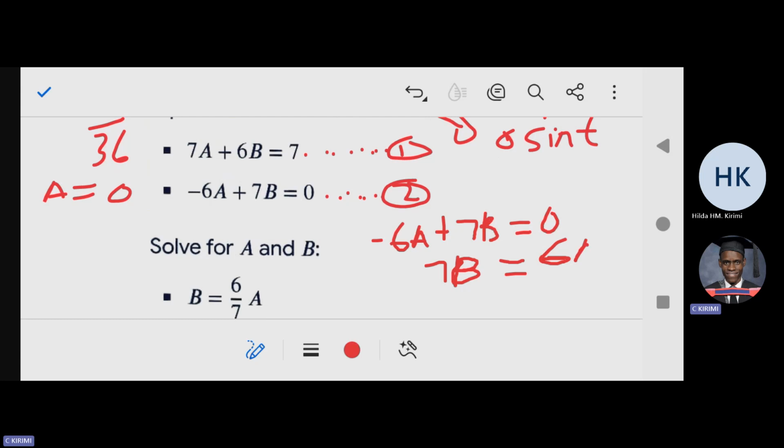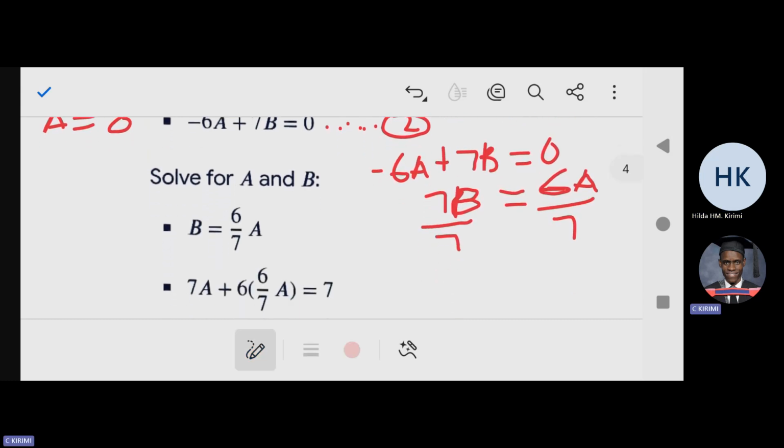If I want b, I'm going to divide by 7. After I divide by 7, b will be equal to 6 over 7 multiplied by a. That is b.